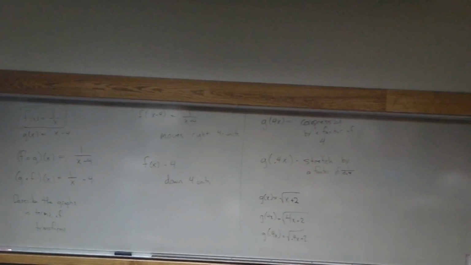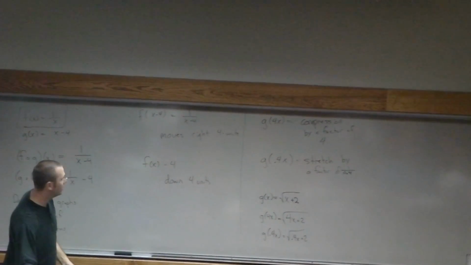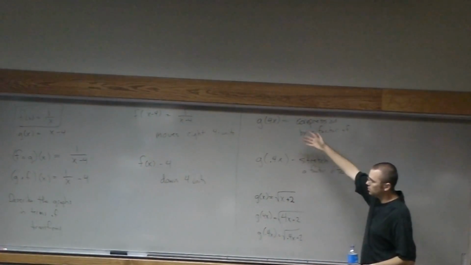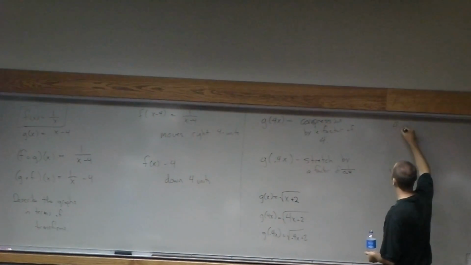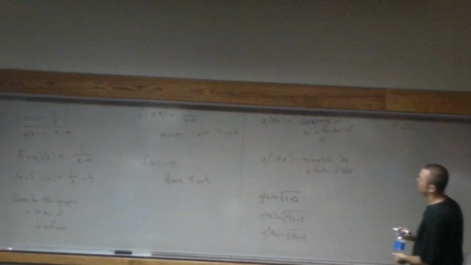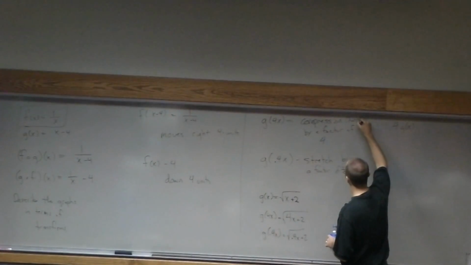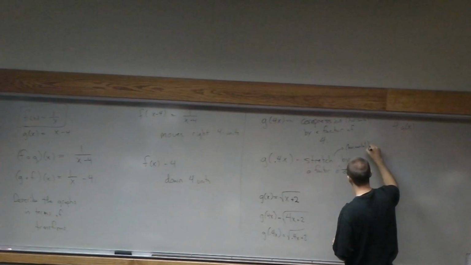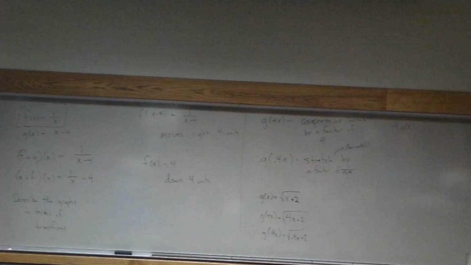Okay. In terms of stretches and compressions, that's about all you need to know. I mean, you need to know what happens when I multiply on the inside by certain values, and then on the other hand, if I was to take 4 times g of x, okay, I should probably say horizontal. I apologize for that. Stretch horizontal. Okay. If I multiply on the outside, changes affect what happens vertically.